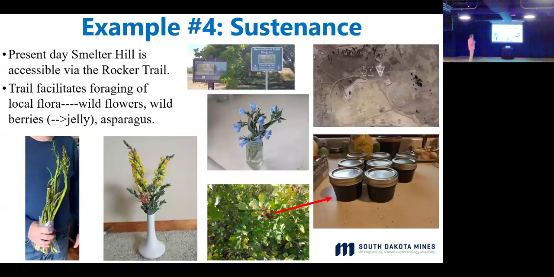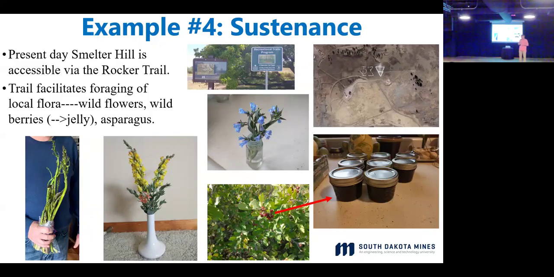And the fourth example, like I said, I grew up just a couple blocks from campus and spent a lot of time wandering around those hills. And I remember picking berries up there as a kid and bringing them home, and my mother would make sand cherry jelly. And so I was always asking, Larry's here, where is he?